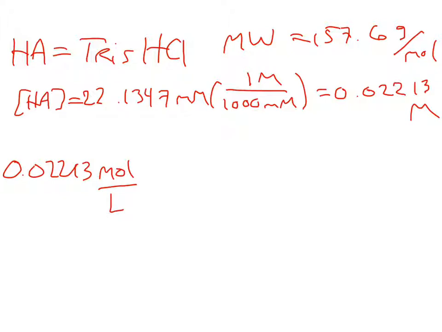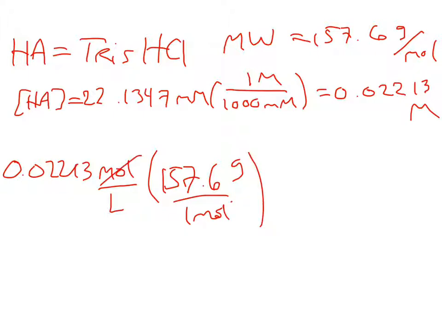Okay, so now we can start using some of our obvious things. I'm going to use the molar mass because it's given here. So that's going to give us 157.6 grams per mole. If we do it that way, then our moles will cancel. We'll be in grams per liter. Remember, this is a solid, so we want to end up only in grams. How do we cancel our liters? We use our volume of the buffer in liters. We had 450 milliliters, which is 0.450 liters, just dividing by 1,000.